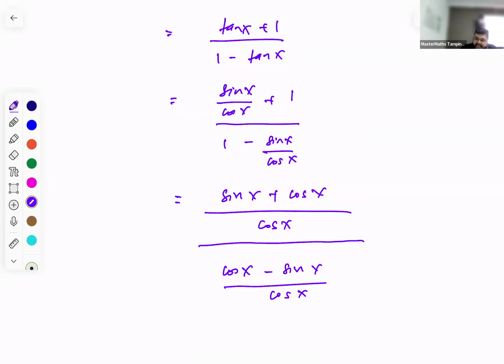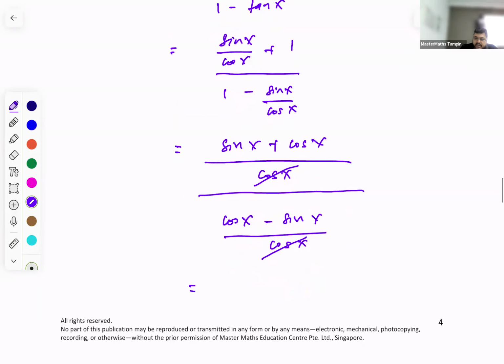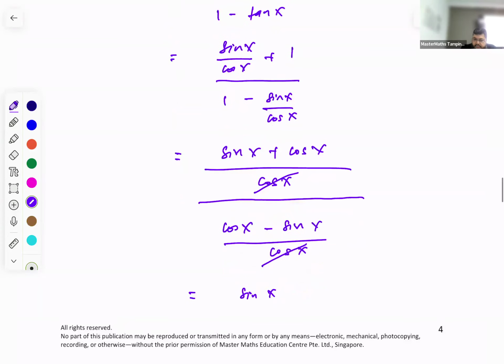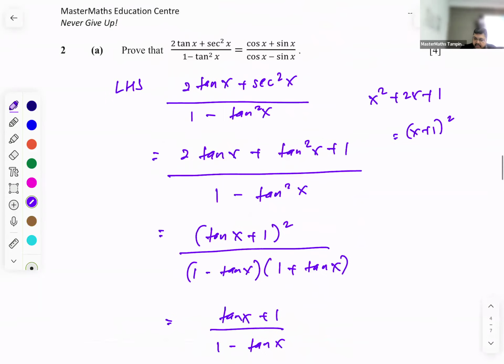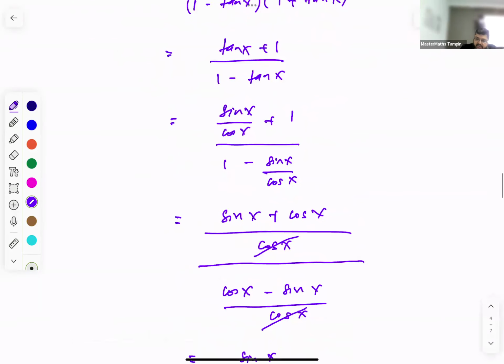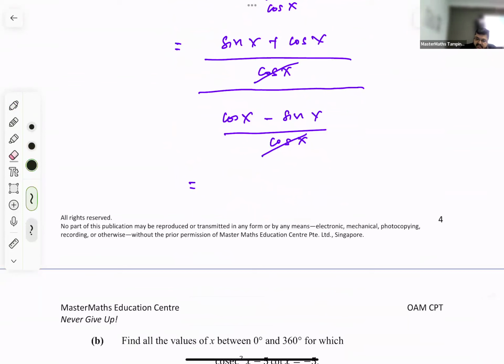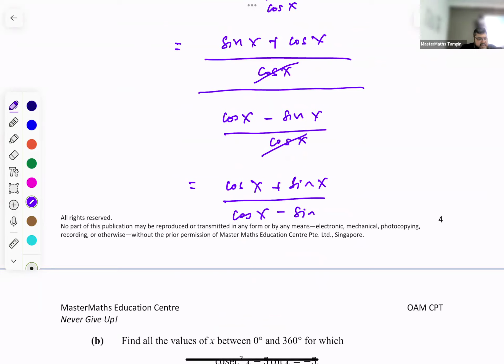You can see that I can cancel off this and this. Am I right or not? So I'm left with cos x plus sin x over cos x minus sin x.